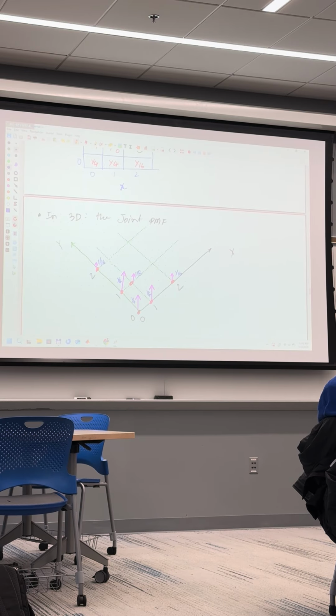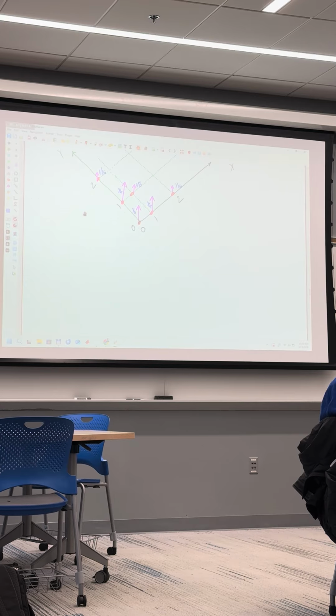Joint PMF visually shown in 3 dimensions, with filled dots.